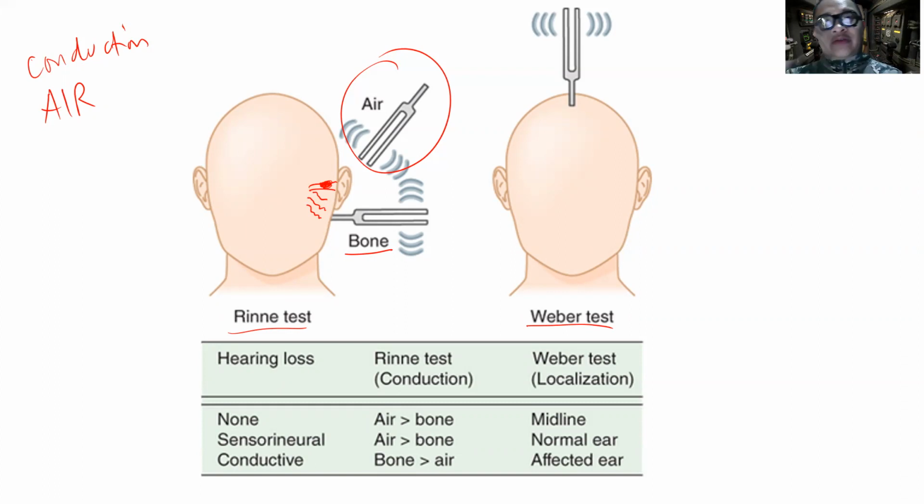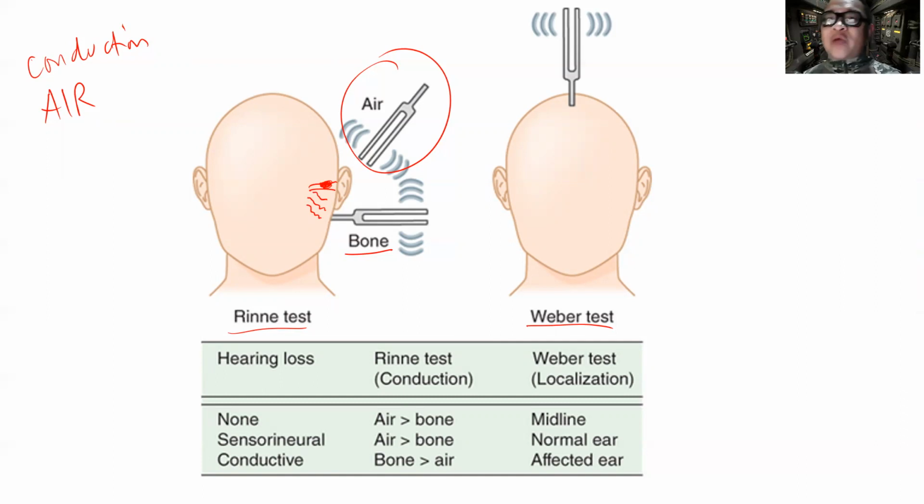So you have a tuning fork, put it here first. If you can hear it, air conduction is good. You put it on your mastoid. If you can still hear it, it's also good. If you have a headset, or bone conduction headsets, that's basically what you're doing.